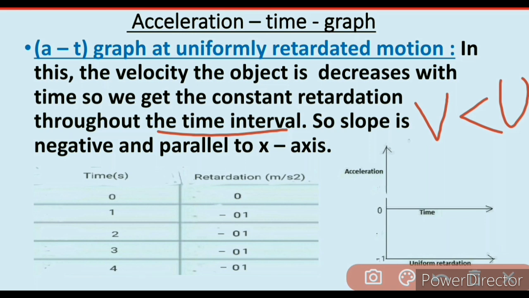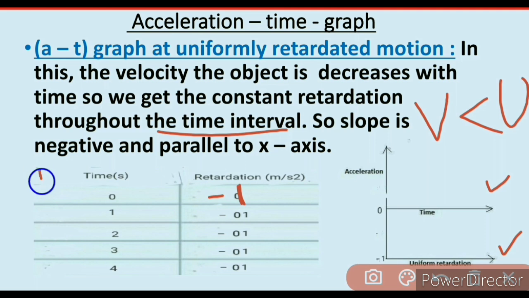We have a graph between uniform retardation and time. When time is 0, the retardation value is -1 meter per second square. When time is 1 second, the retardation value is again -1 meter per second square. When time is 2 seconds, the retardation value is again -1 meter per second square, and so on.